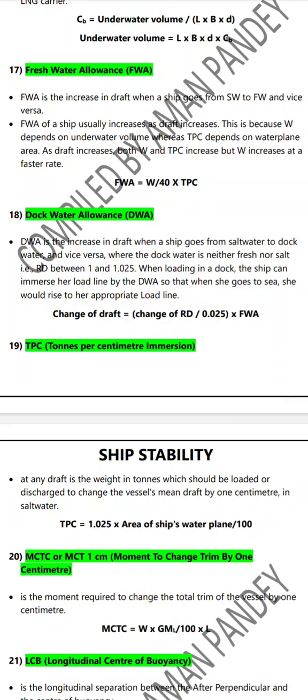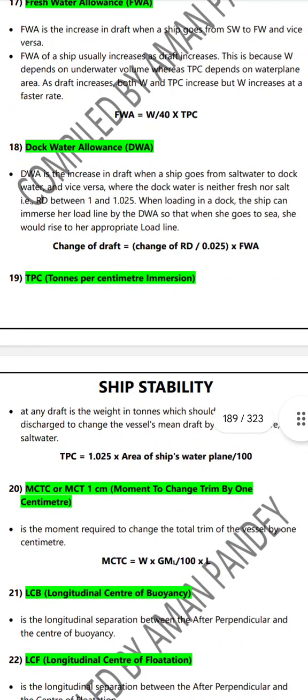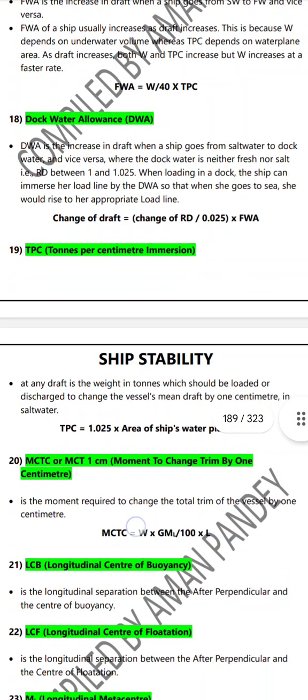W by 40 into TPC. Dock water allowance is the change in draft when the ship goes from salt water to dock water or vice versa. W by 40 TPC.